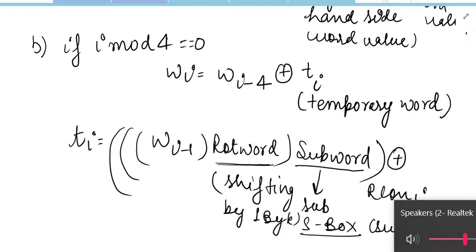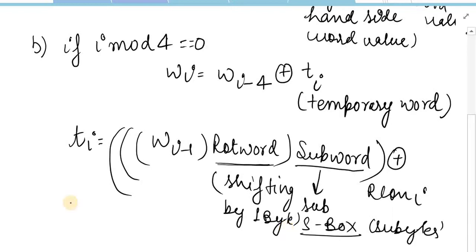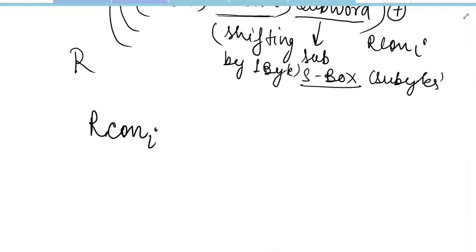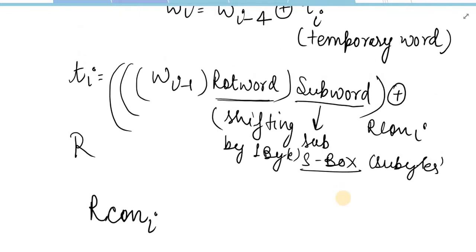This is in a more defined way, that is Rcon i. So this Rcon i is called the constant values. These constant values are fixed in the AES algorithm. According to the constant value, I have to make the XOR with the value manipulated from the RotWord and the SubWord.